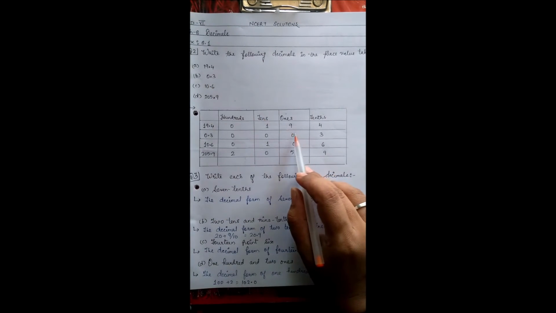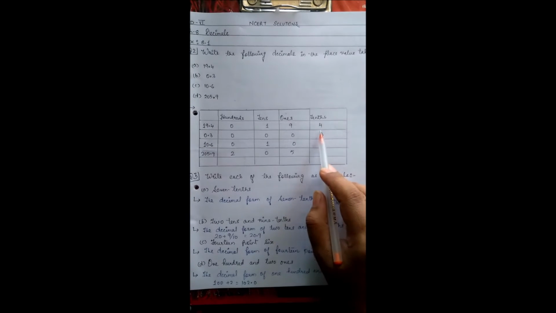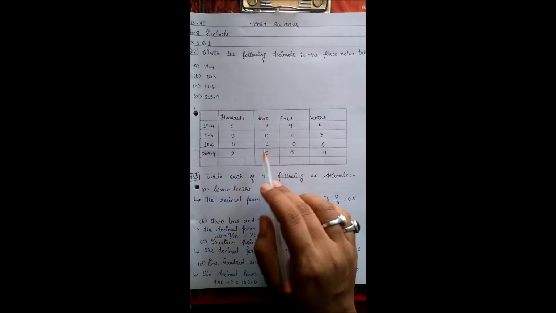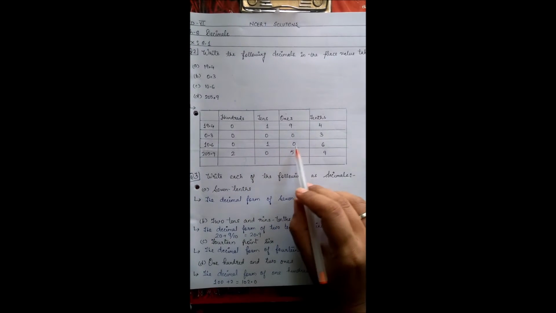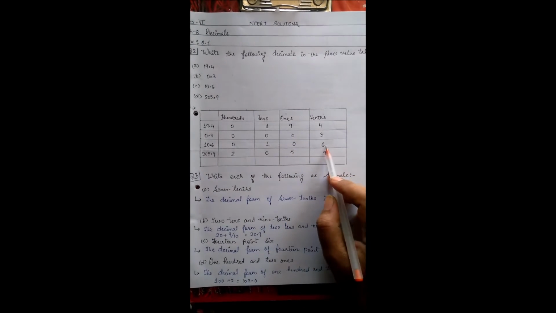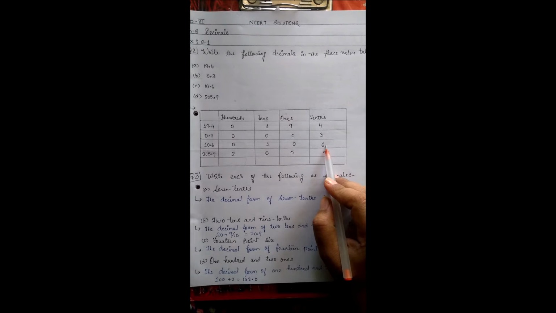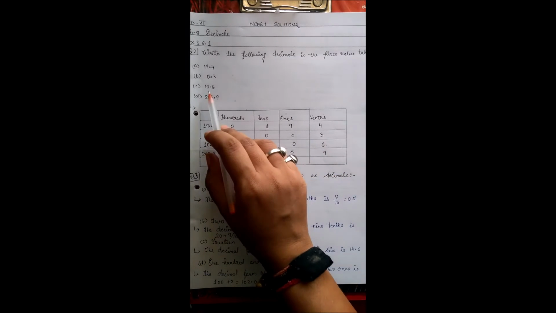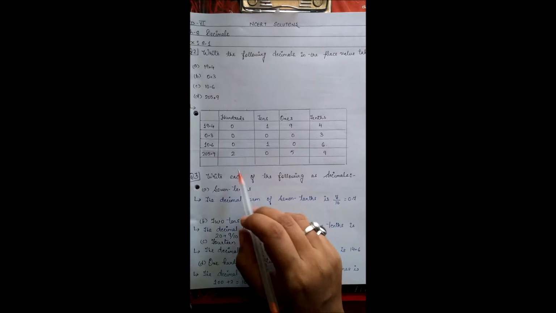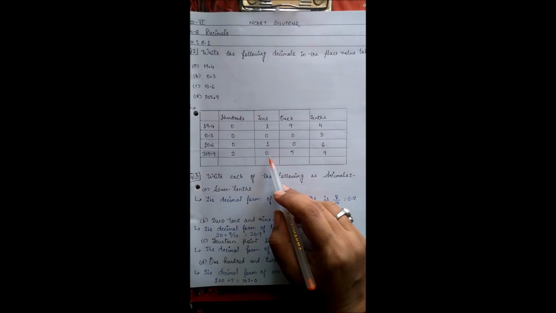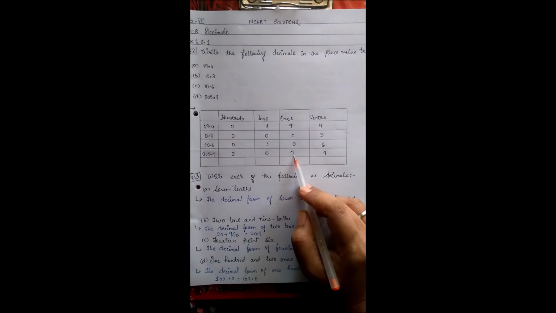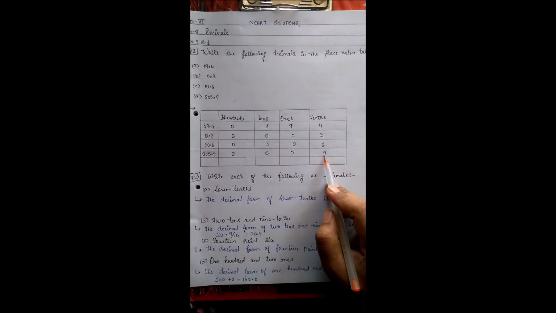So 0 is at ones place and 3 is at tenth place. 10.6. So 1 is at tens place, 0 at ones place and 6 at tenth place. 205.9. So 2 at hundreds place, 0 at tens place, 5 at ones place and 9 at tenth place.